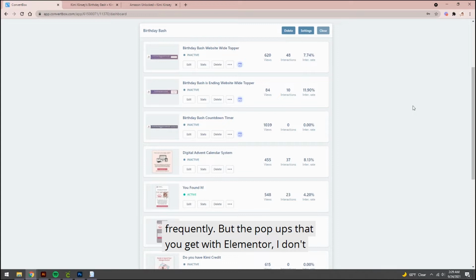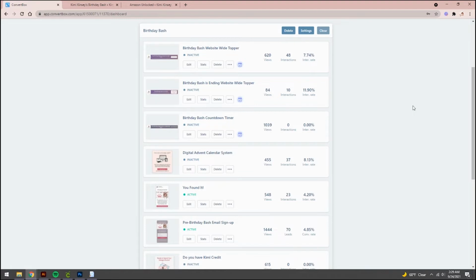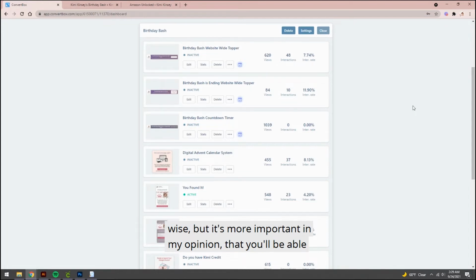But with the pop ups you get with Elementor, I don't feel like you have as much control over what they can do. You certainly maybe have a little bit more control design wise, but it's more important, in my opinion, that you be able to control where things show up, where they don't show up, who sees them, who does not see them, and a lot of back end stuff that we're going to cover when we go through this debrief.